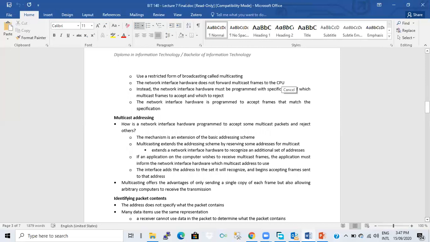Multicasting addresses. How is the network interface hardware programmed to accept some multicast packets and reject others? There is a mechanism, and this mechanism is an extension to the basic addressing scheme. Multicasting extends the addressing scheme by reserving some addresses for multicast. Like I mentioned, you have a bigger group, which is a class.